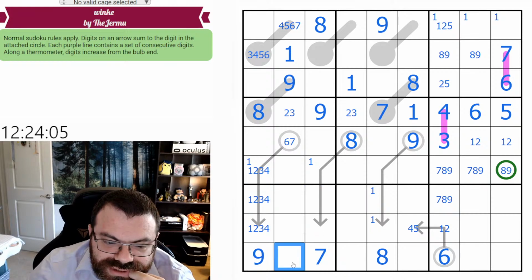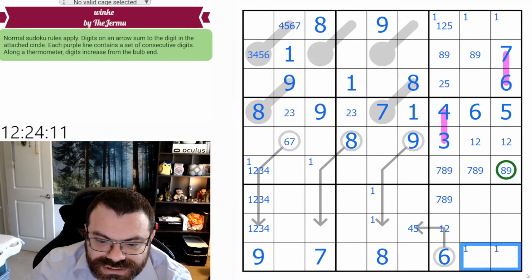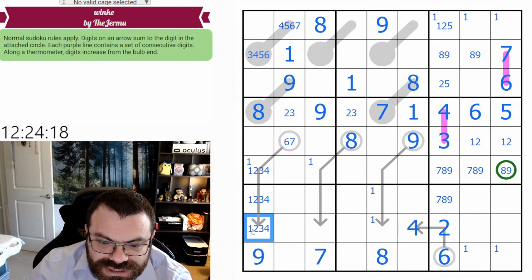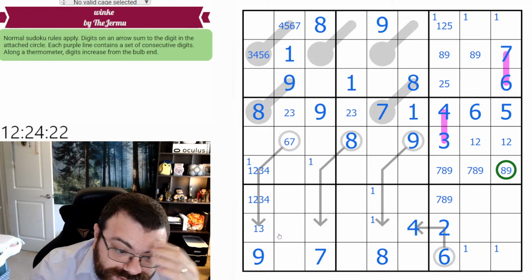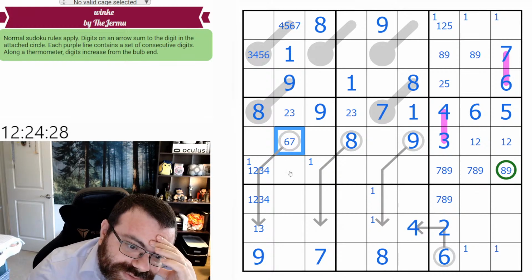So there's definitely a 1 in here, so this isn't a 1. Oh yeah, the 1 sees down, that 1 sees down, that 1 sees down. So 1's over here, which is important because this is now 2, 4. So this can't be 2 or 4. So unless this is a 1, this adds to 6. It's kind of a weird way to put it, but this is 3, this is 6.